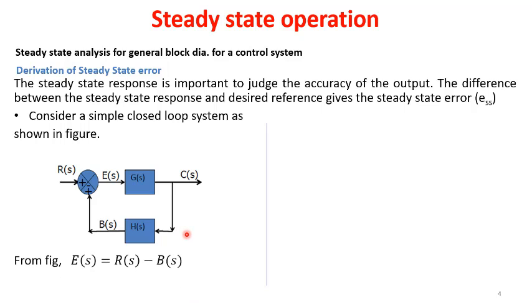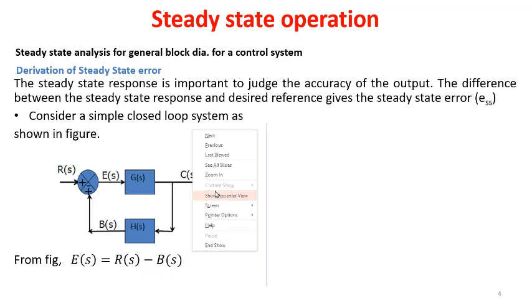From the figure, we have error signal E of S is equal to R of S minus B of S. Let's, for this case, consider the feedback signal is negative. So we have E of S equal to R of S minus B of S. So this one we'll quote as equation 1.